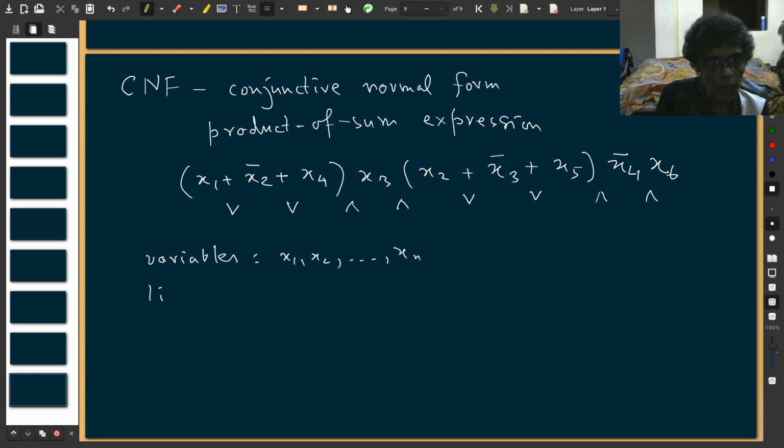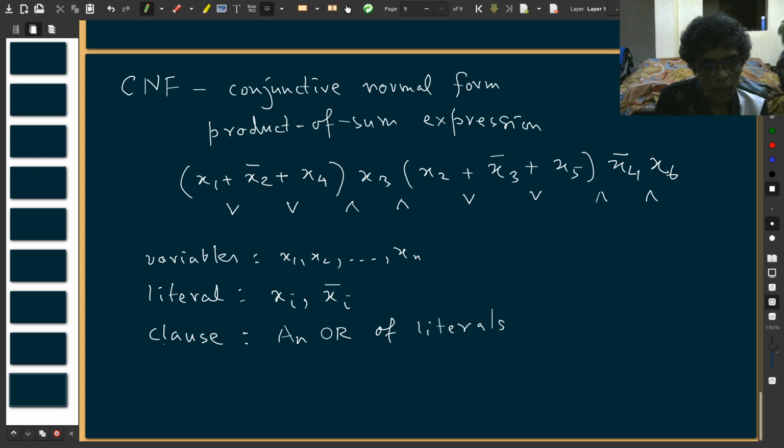A literal is either a variable xi or its complement. A clause is an OR of literals.